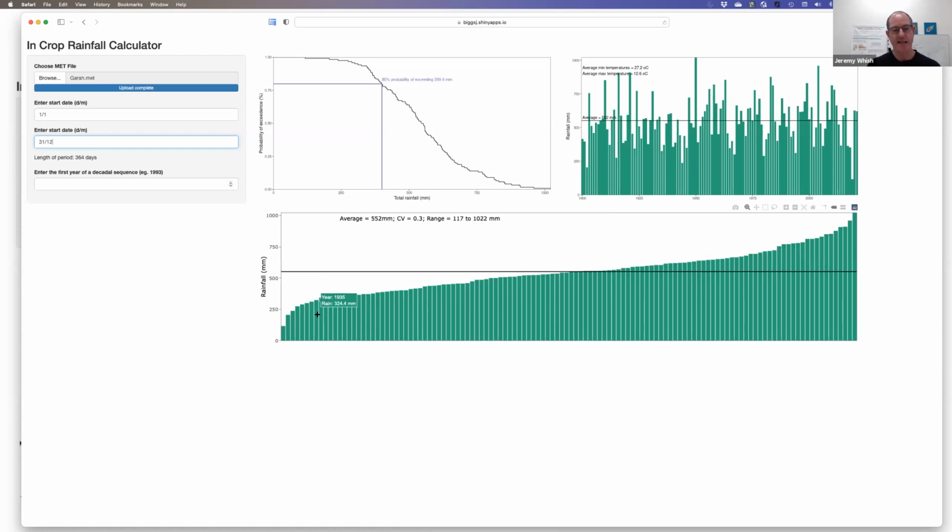So what we've then done is sort the rainfall from highest to lowest. It's always interesting to look at that one and say 2019 was the lowest year on record, and 1950 was probably the highest.